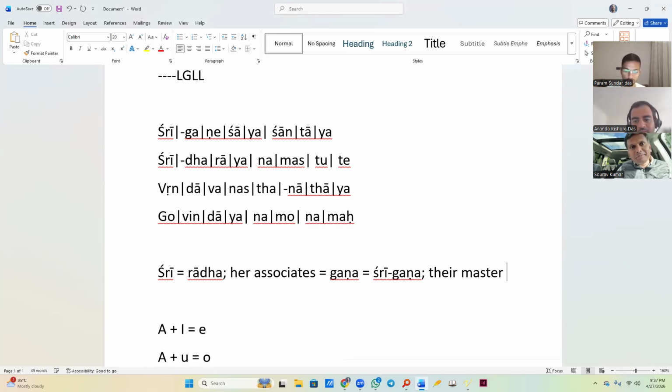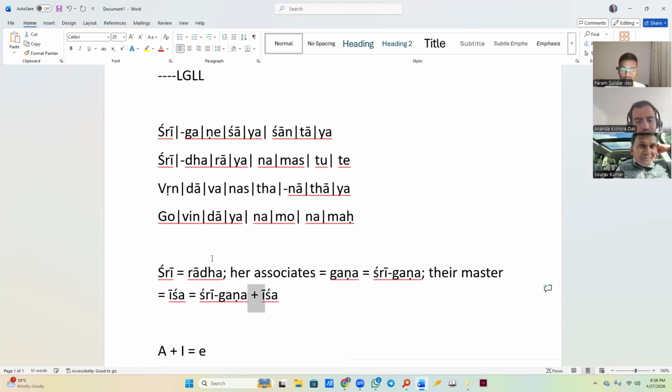Master is Isha or Ishvara. So it becomes Shri Gana and Isha. And by Sandhi rule, A and I becomes E. So we get Shri Ganesha. That's one of the many meanings of Shri Ganesha, referring to Shri Krishna. I really like this explanation.